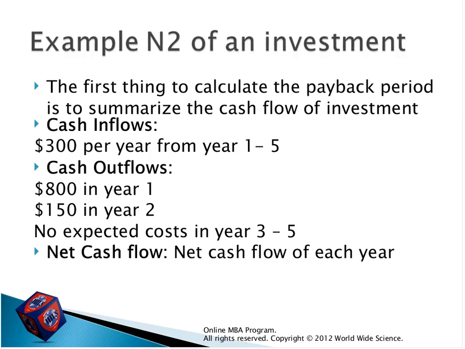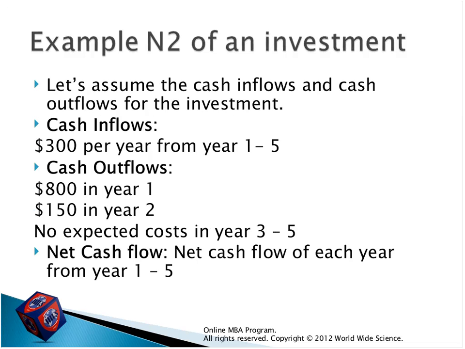Let's see another example. Let's assume the cash inflows and cash outflows for the investment are as follows. The cash inflows, which means the cash we will get, like profits or savings from the project, are 300 USD per year from year 1 to 5. So we are going to receive a profit of 300 every year during the 5 years.